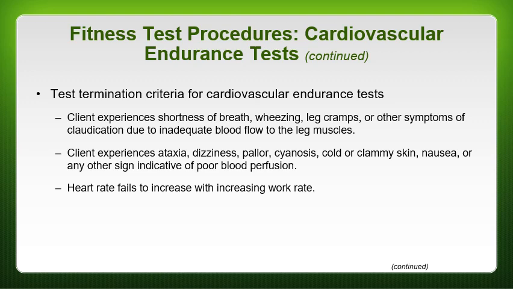And if the heart rate fails to increase with increased work rate. As the work rate increases, the heart rate should go up with it. Obviously, that would be an alarming sign, because then basically their cardiovascular system isn't maintaining itself and being able to keep up with the increase in demand.